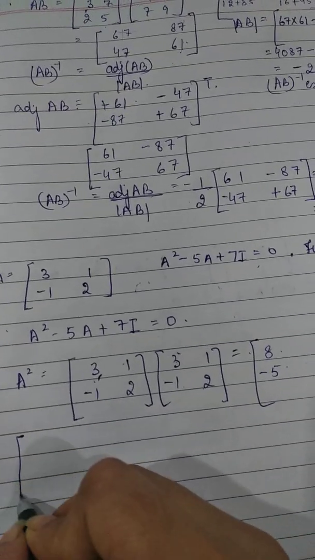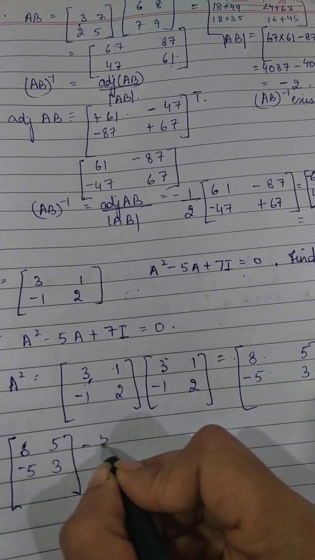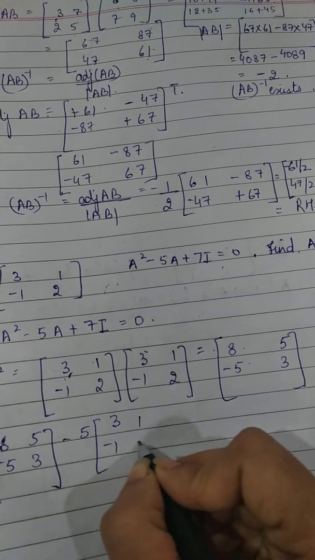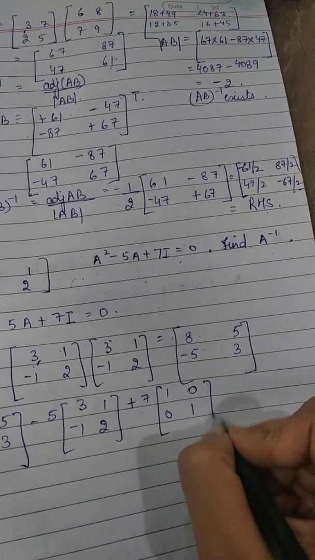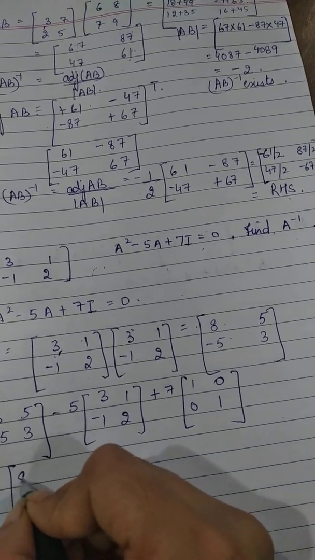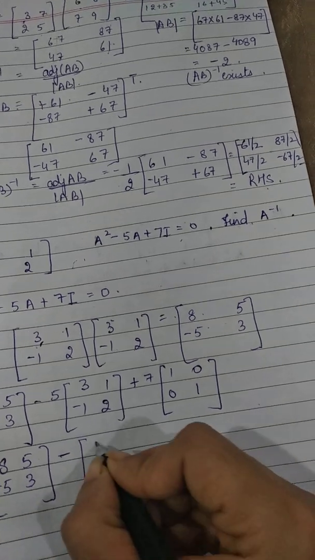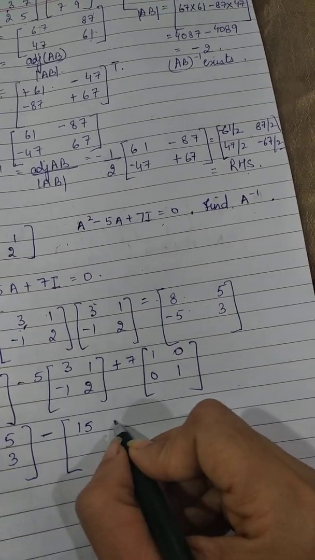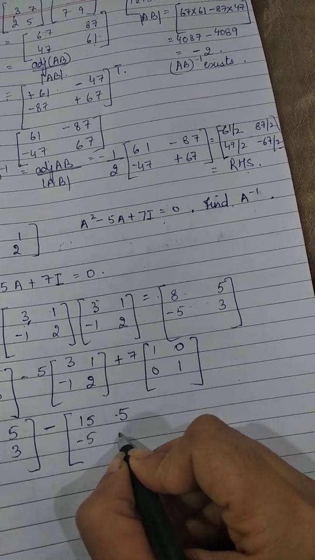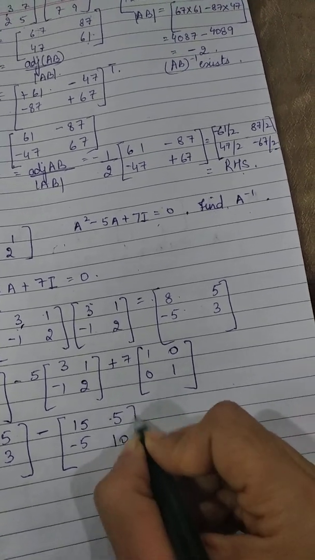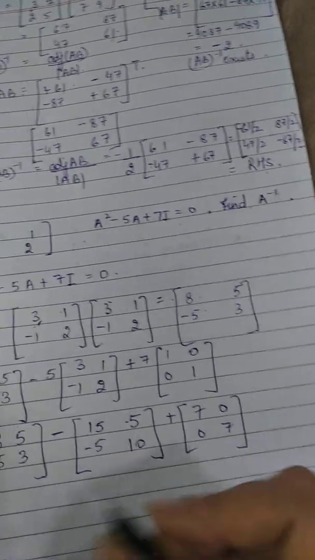Putting the values, we have 8, 5, minus 5 and 3, minus 5 times 3, 1, minus 1 and 2, plus 7 times 1, 0, 0, 1. This is 8, 5, minus 5, 3, minus 15, 5, minus 5, and that's 10, plus 7, 0, 0, 7.